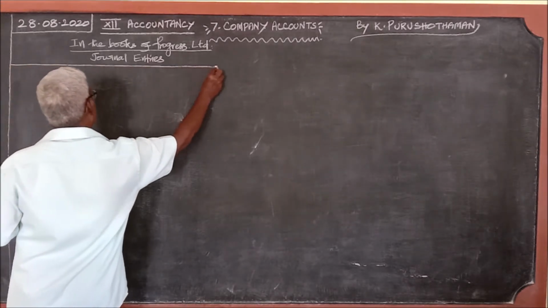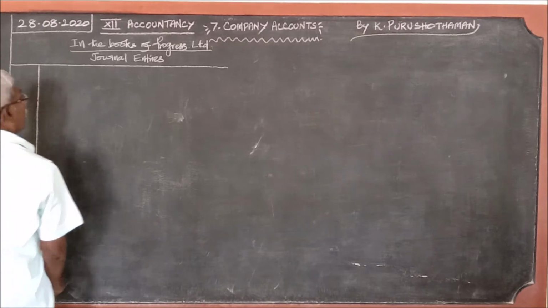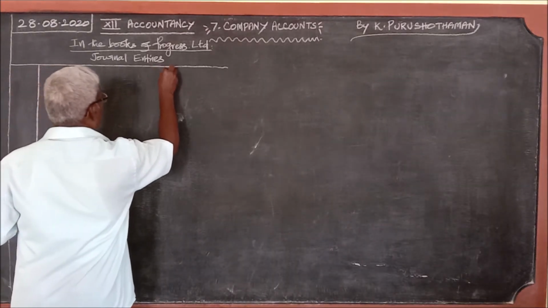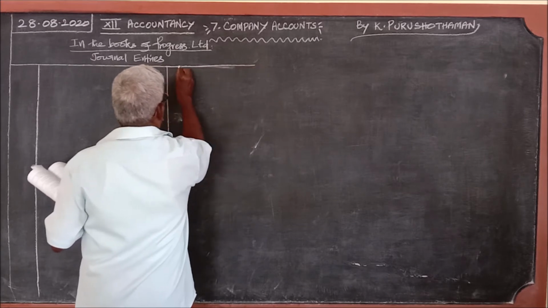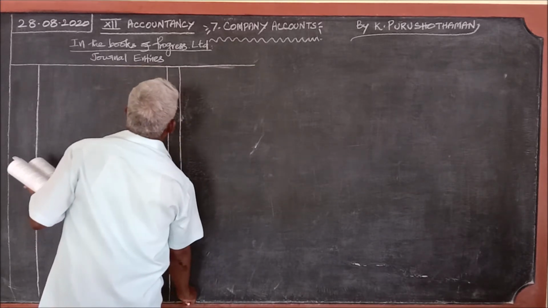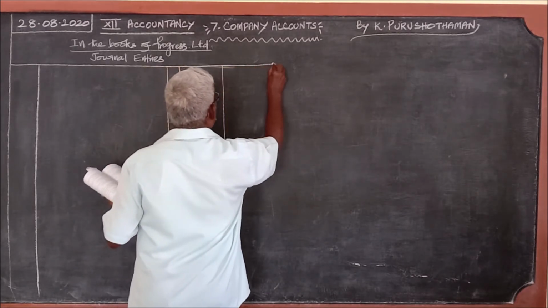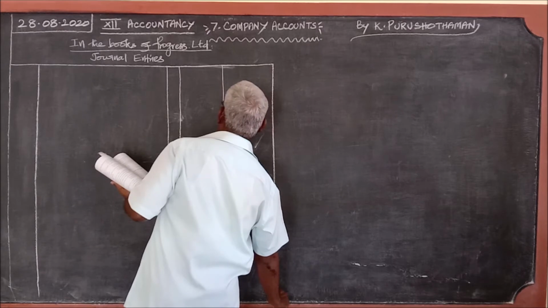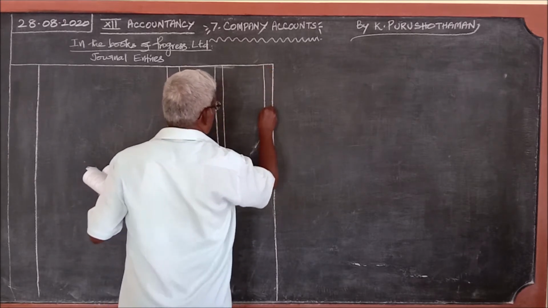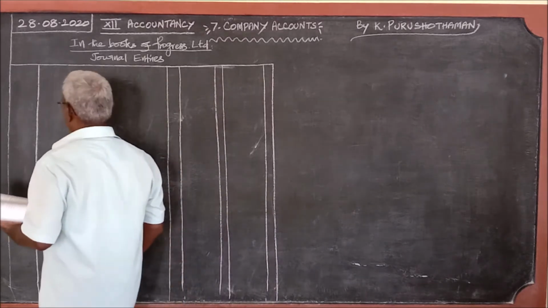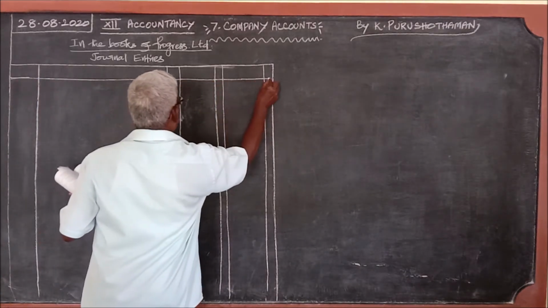As usual, we should open columns: date, particulars, ledger folio.